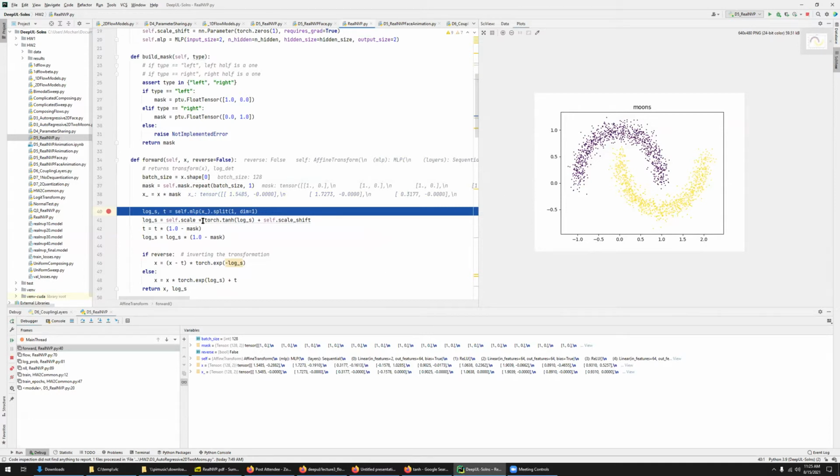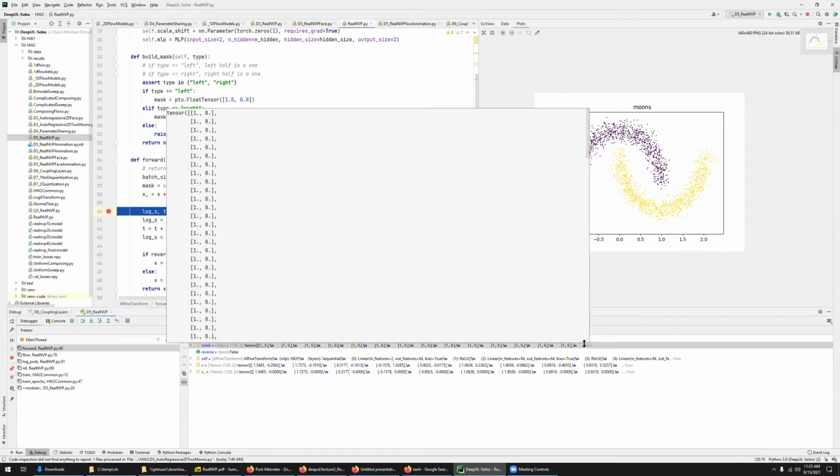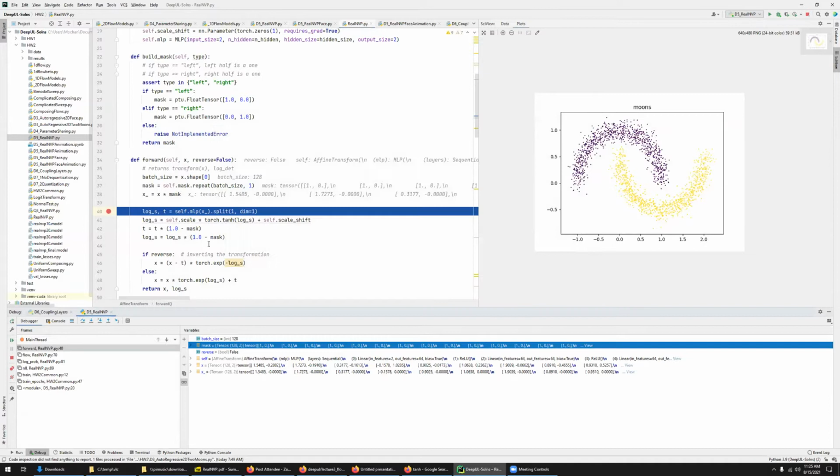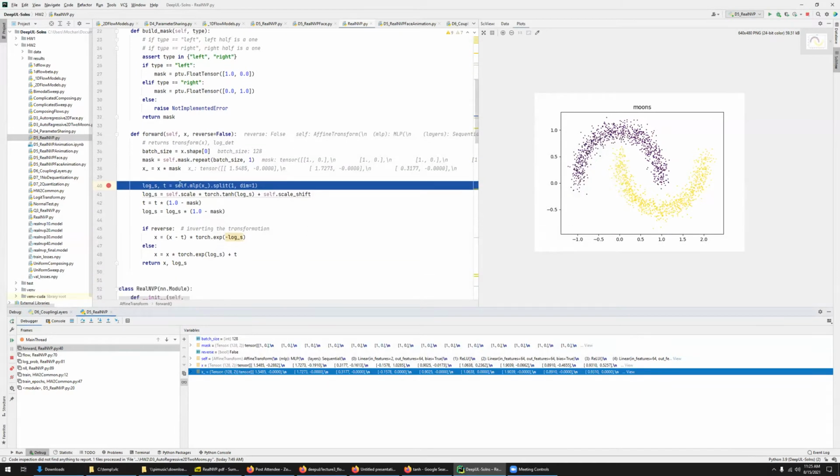So that's the data batch size. Then we make the mask, which is the first one is always left, so it's just a bunch of ones here. And then x is, again, as you'd expect, just the first half.